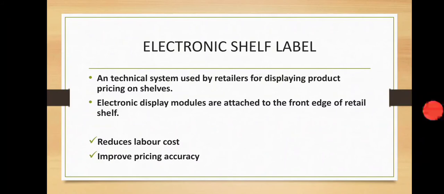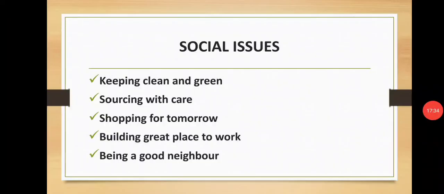You will type buy one get one free and select OK. When you operate it on your tab, automatically the offer you typed on your tab changes on the display board, and this is called an electronic shelf label. This reduces labor cost and also improves pricing accuracy.